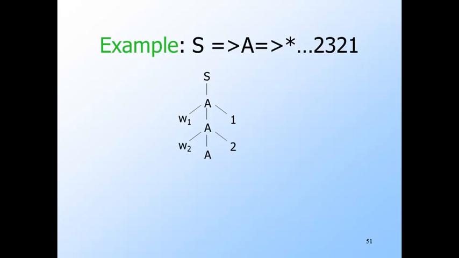Again, we still need to keep that A there because we have more index symbols to go. Then the third index symbol from the right is 3, so this is the production we have to use. And then the last index symbol, that is the leftmost index symbol, is 2. So we're going to get rid of that A and use this production. That's the only way we could generate a string with 2, 3, 2, 1 at the end and no other index symbols.